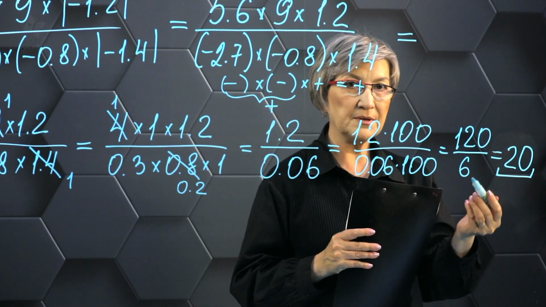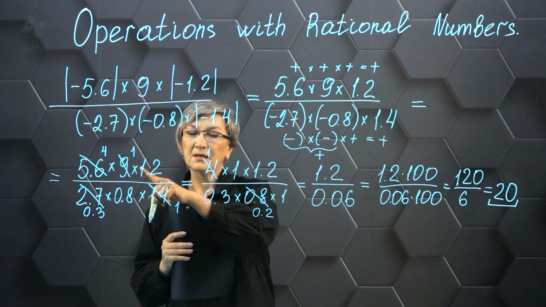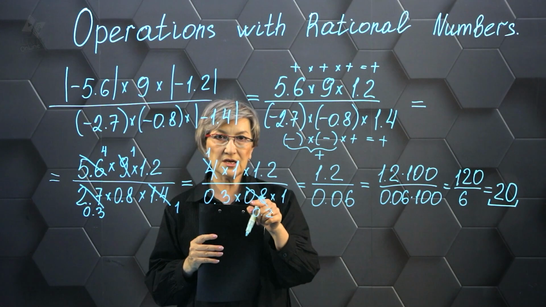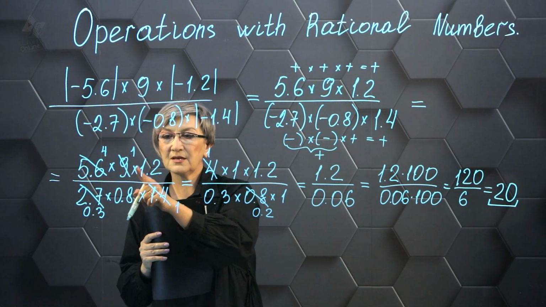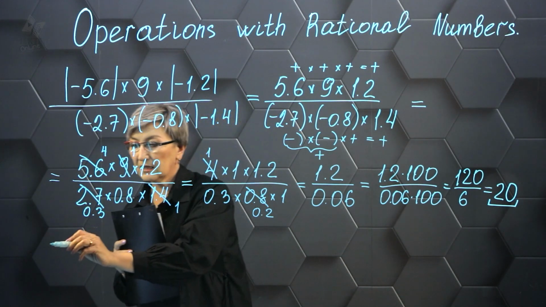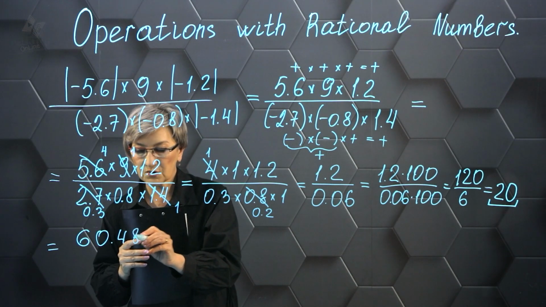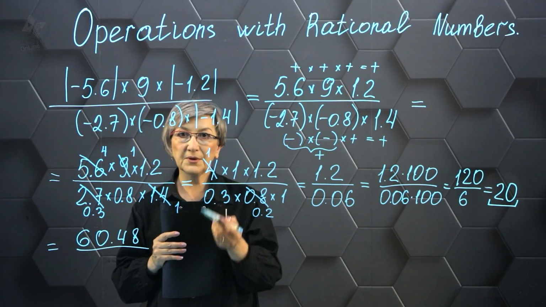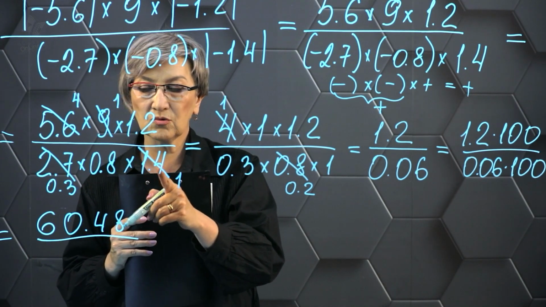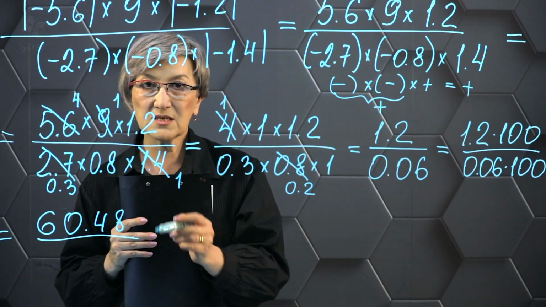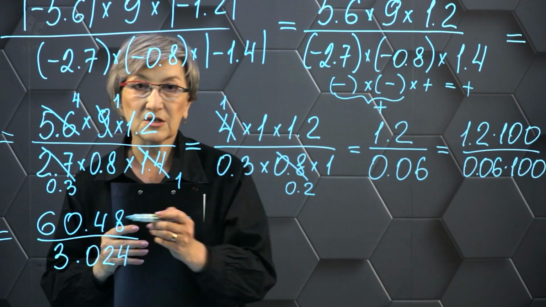We solved this example and got 20 in the answer, but if we didn't do the reduction, then 5.6 times 9 and multiplied by 1.2 would result in 60.48. And in the denominator, when you multiply 2.7 by 0.8 and 1.4, you would have 3.024.